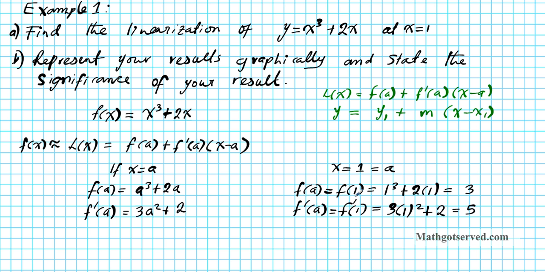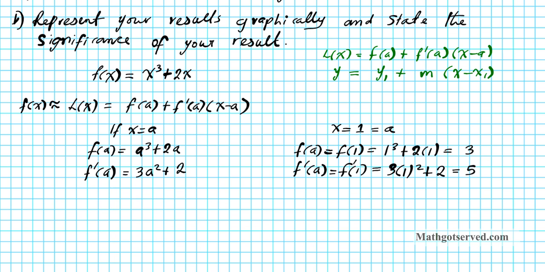Okay, so we are going to put all this together in the formula to give us our linearization function. So we're going to have the linearization of the function L of x equals f of a, which is 3, plus f prime of a, which is 5, times x minus a. A is 1.